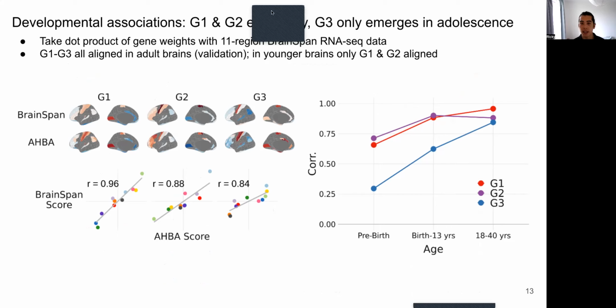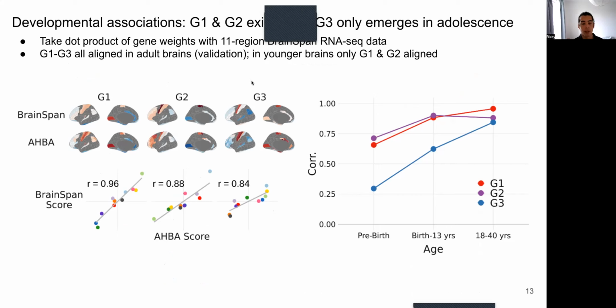Another way to understand what these gradients are actually doing is developmentally. The way we did this was taking the same set of gene weights and taking a dot product with another gene expression data set that only has 11 regions, but has them at different stages of development.